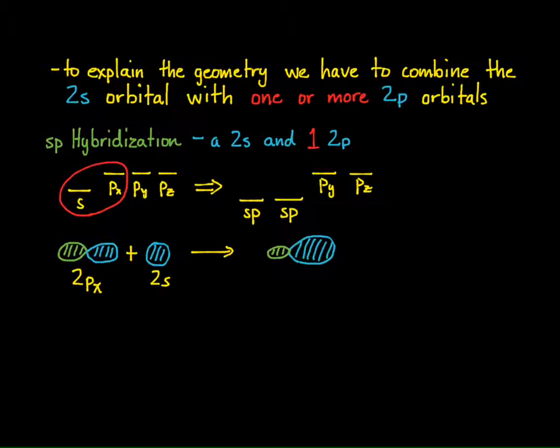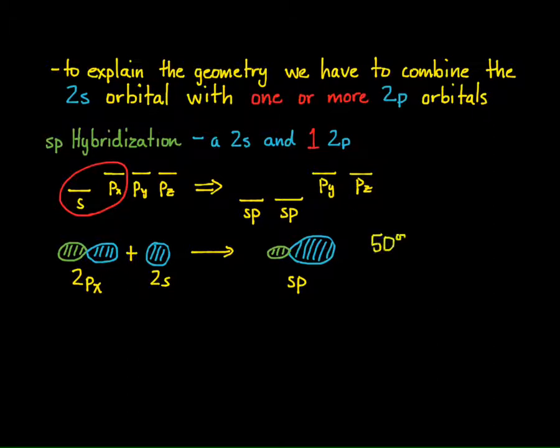The 2s has combined with the in-phase side of the 2p orbital, and it's basically expanded that region and contracted the other region. And so this is what an sp orbital looks like.